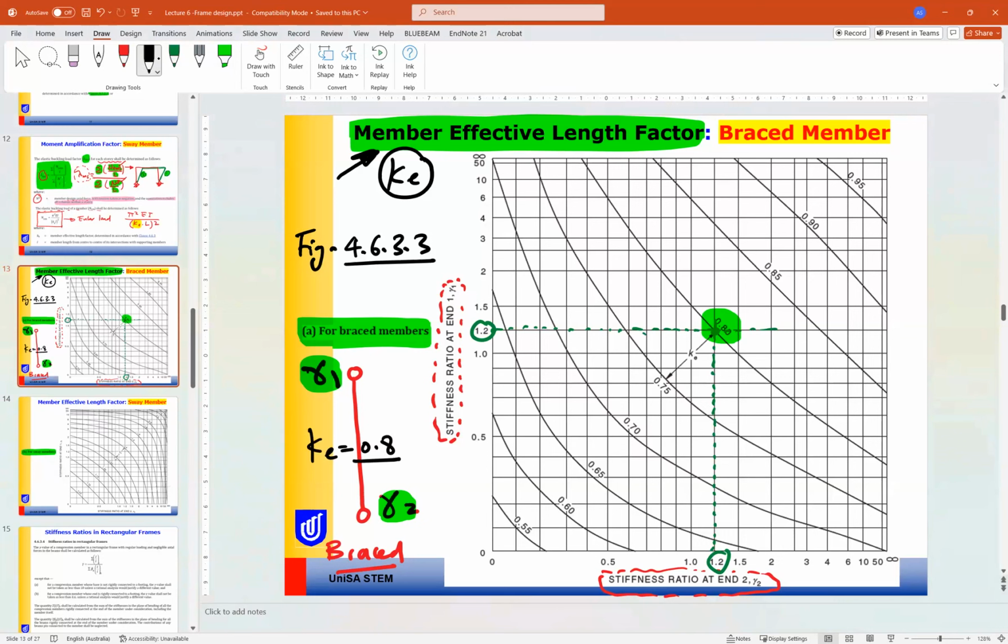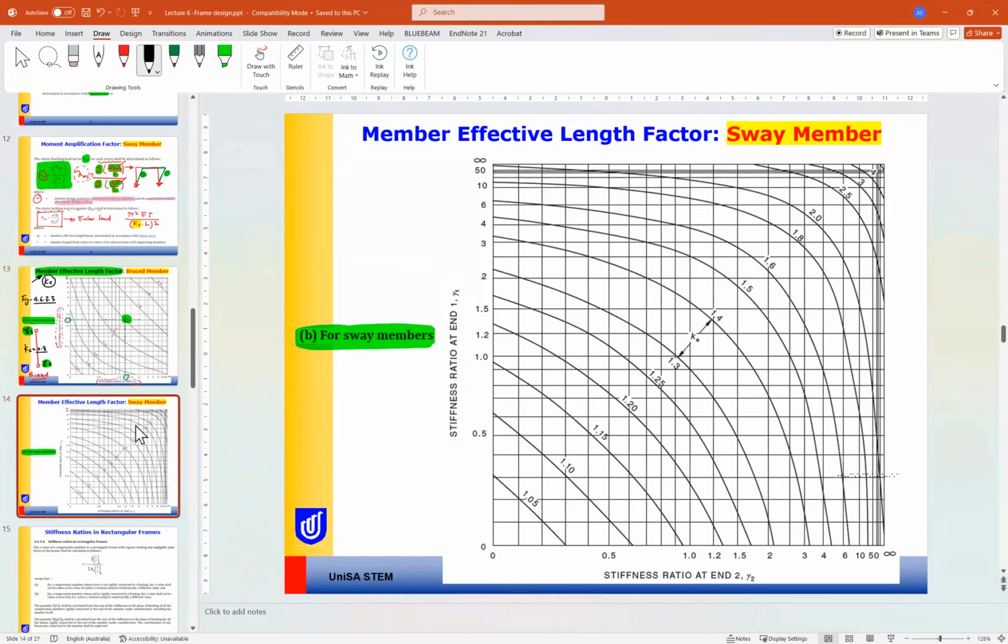So this is the exact method we are using for frame columns. Similarly for sway members, you again need gamma 1 and gamma 2. If gamma 1 and gamma 2 are 1.2 here as well, let's quickly do it. So this is gamma 1 and this is gamma 2.